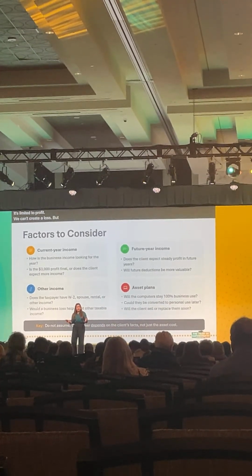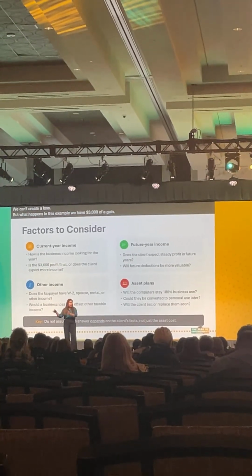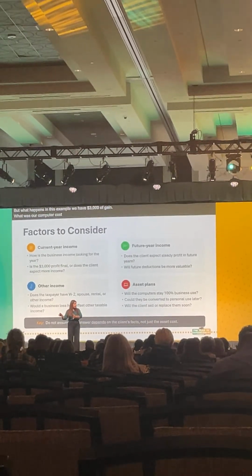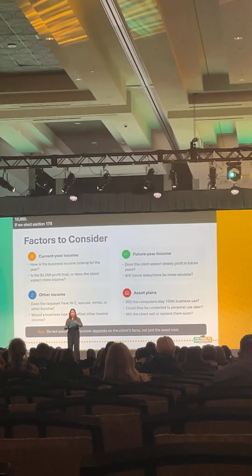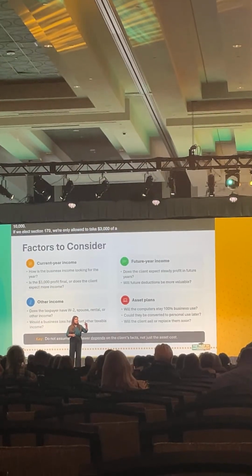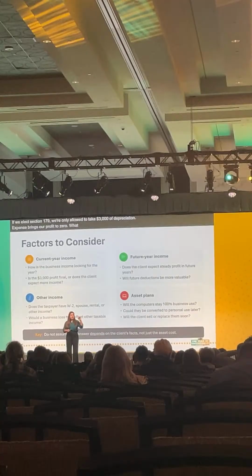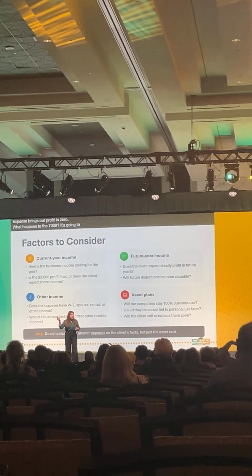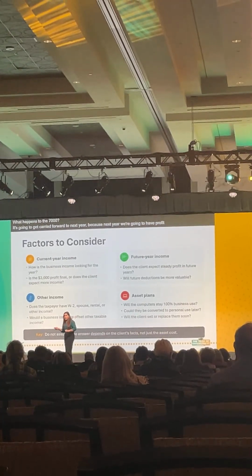But what happens? In this example, we have $3,000 of a gain. What was our computer cost? $10,000. If we elect Section 179, we're only allowed to take $3,000 of a depreciation expense, brings our profit to zero. What happens to the $7,000? It's going to get carried forward to next year, because next year we're going to have profit greater than $3,000.